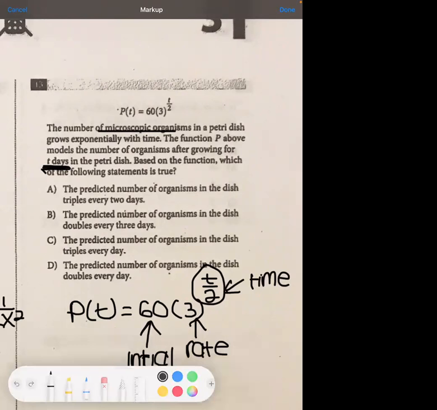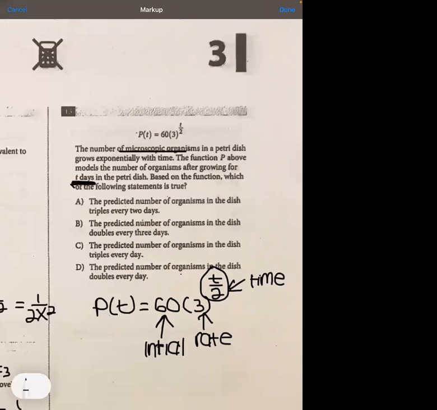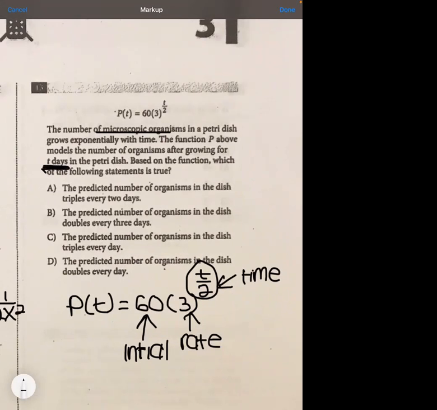All right. Are there any questions about how to read an exponential graph?